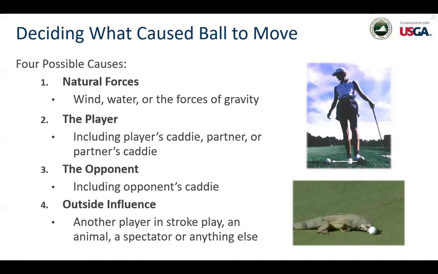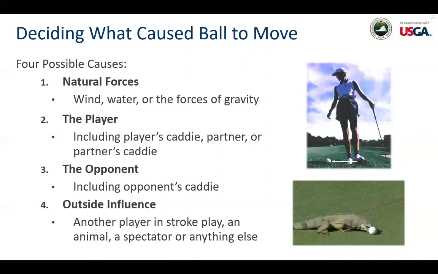The player, which would include the player's caddy, or the partner or the partner's caddy. So I'm not sure if we talked about sides or not. So if we have a side in golf, the side includes a player. If you have a caddy, it includes your caddy. When you involve partners, so we're playing a 4-ball or foursomes, our side also includes my partner and my partner's caddy.